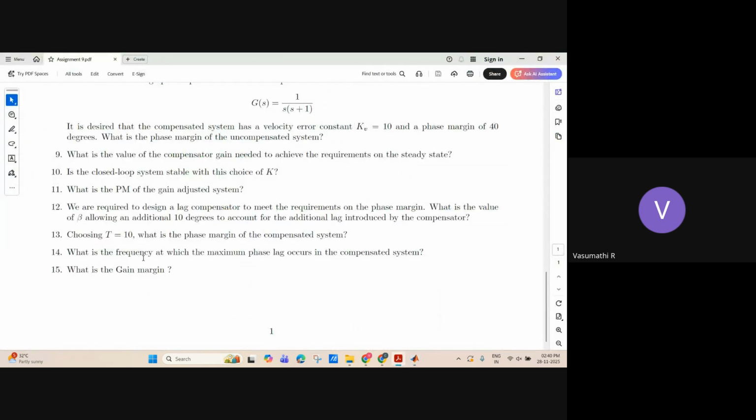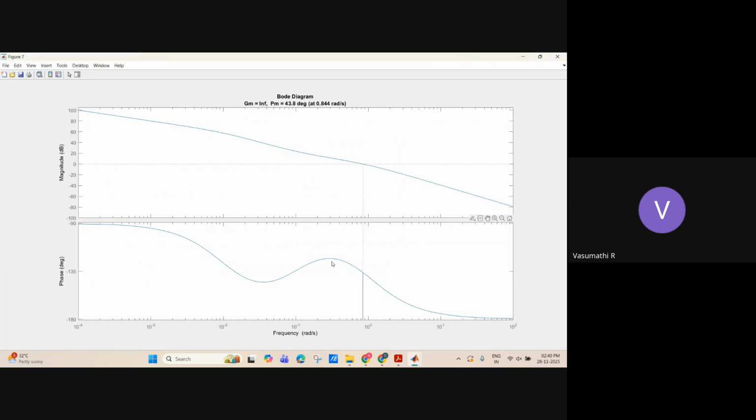What is the frequency at which the maximum phase lag occurs in the compensated system? This can be found using the figure itself.